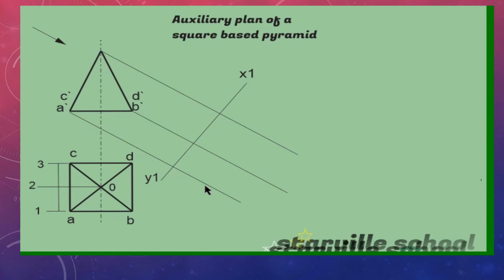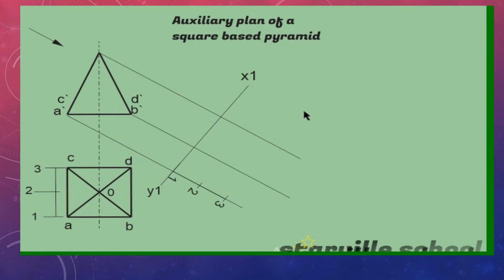Just project your width there, or with your divider, measure the distance 3 to 2, place it here, 2 to 1, place it here. That's quite simple. So we transfer the width to this side, so you can see the length of 3 to 2 is the same from here to here. The length from 2 to 1 is the same from here to here. That's 2 to 1.